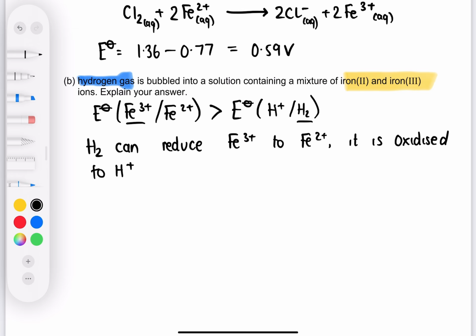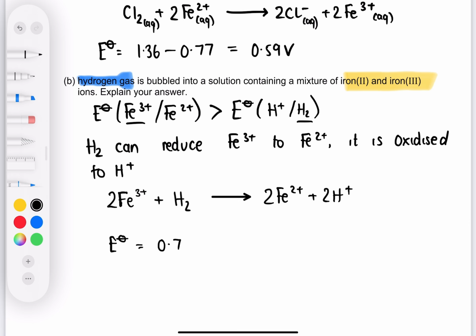So we're going to have the first equation, the most positive one going forwards, and we're doubling it. And the more negative one going backwards. And we've got 0.77 minus 0 is 0.77 volts.